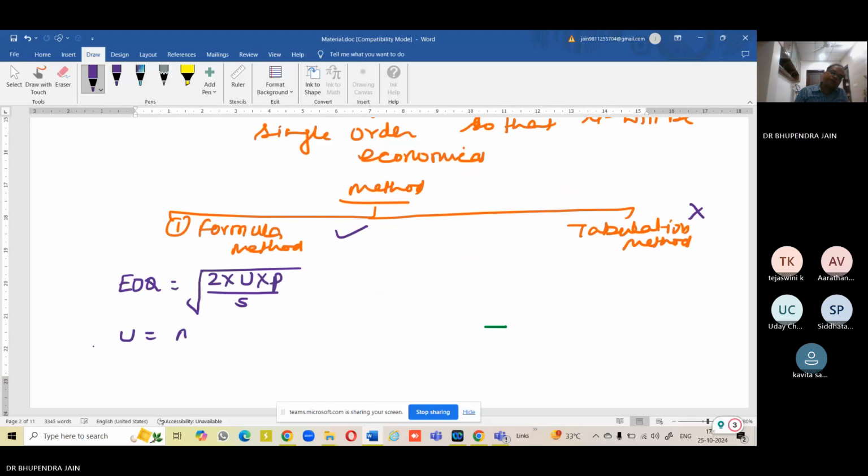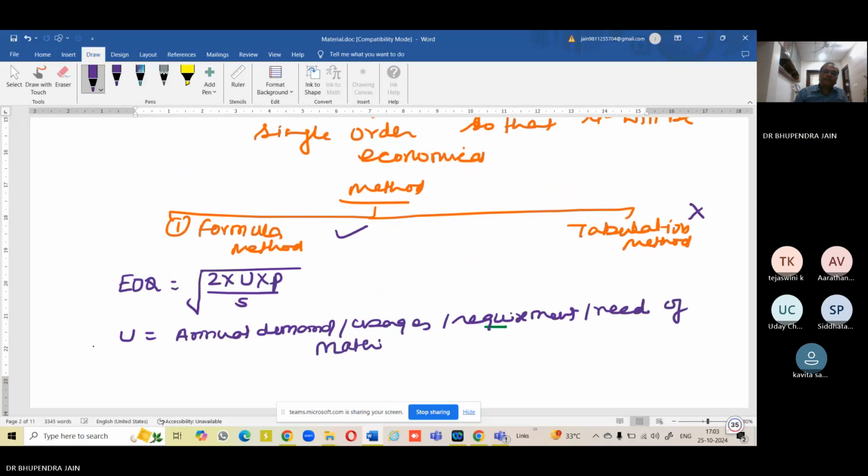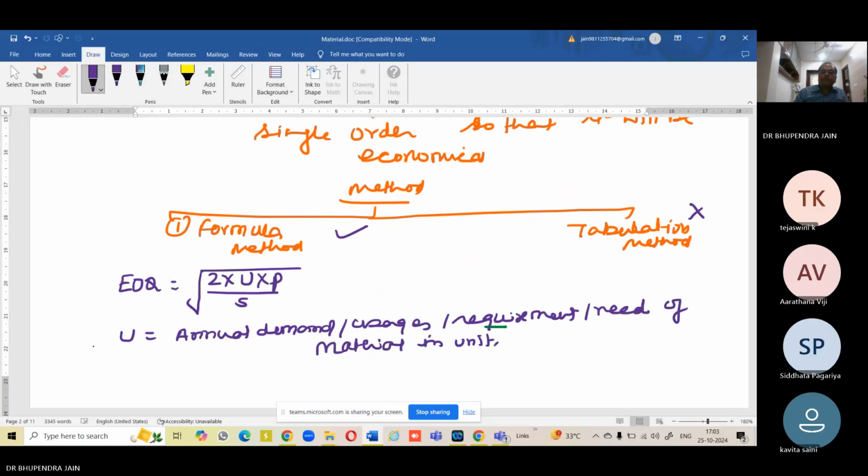U stands for annual demand, annual uses, annual requirement, or annual need of material, in units. Demand, uses, requirement, and need all are the same.